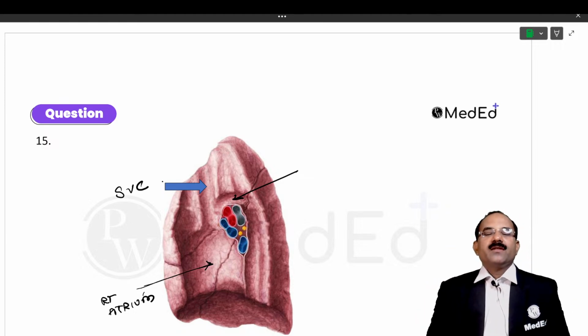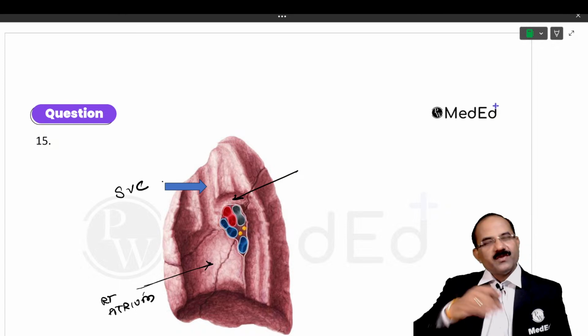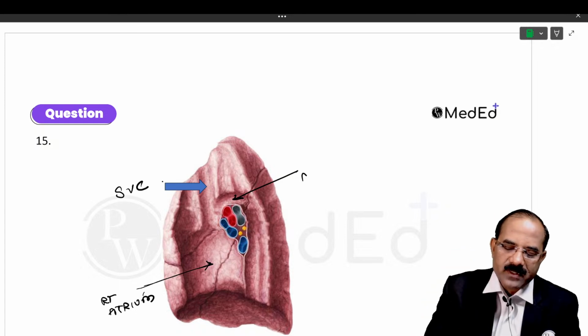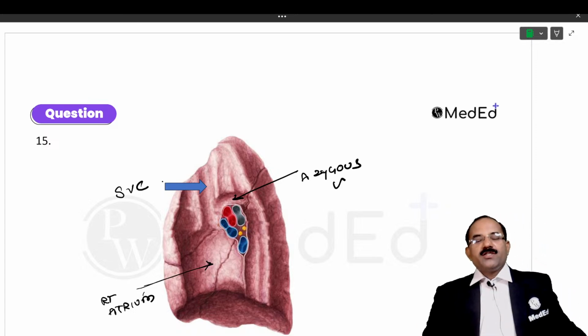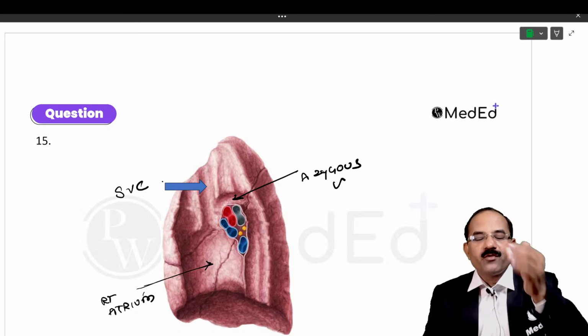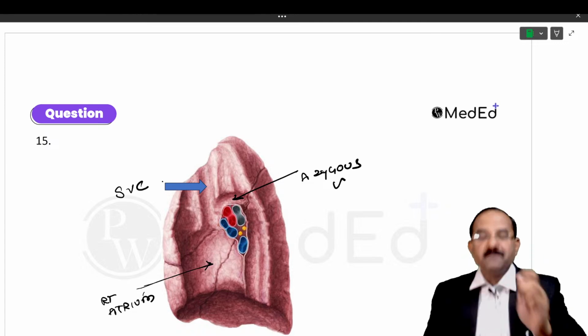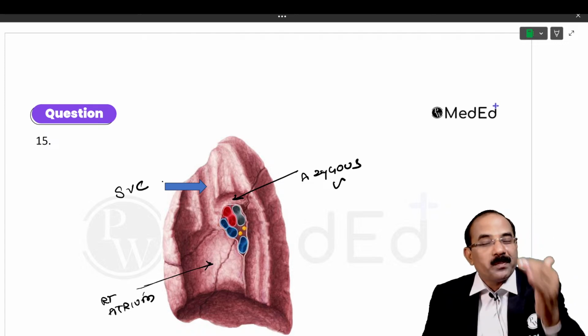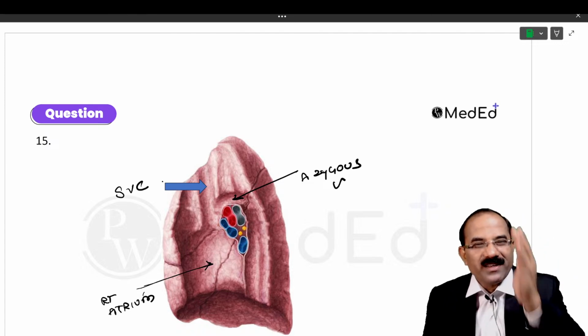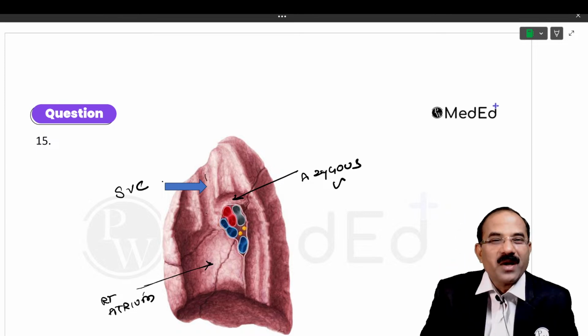That's the azygous vein. So the structure which arches over the hilum of right lung is azygous vein, and this azygous vein opens into SVC. तो ये किसका impression होगा बच्चों?